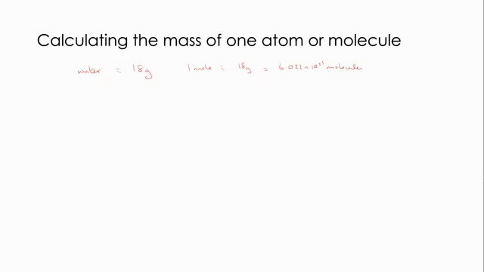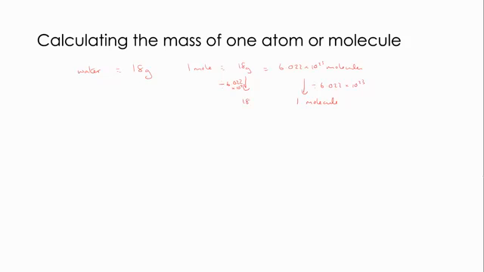So then we can use ratios. To get from 6.022 times 10 to the 23 to 1, I've divided by Avogadro's number. So whatever I've done to that side, I need to do to this side as well.